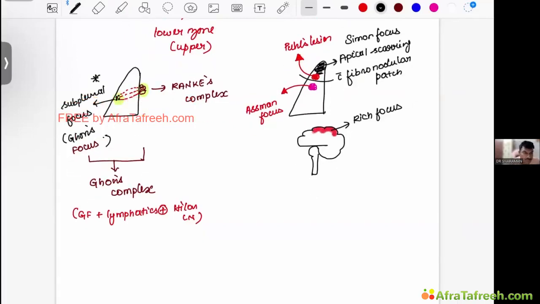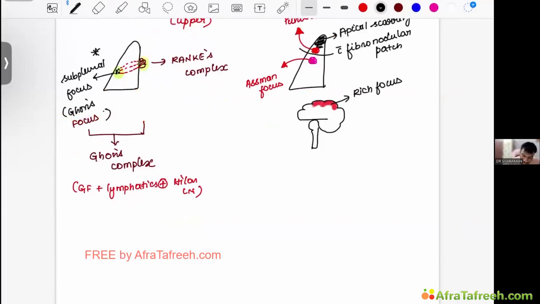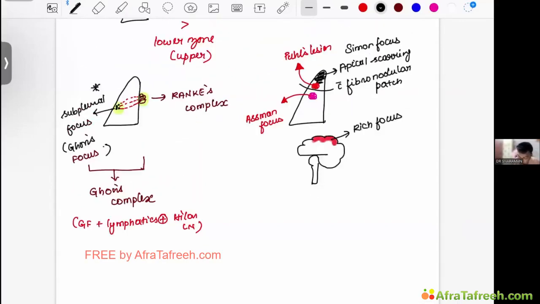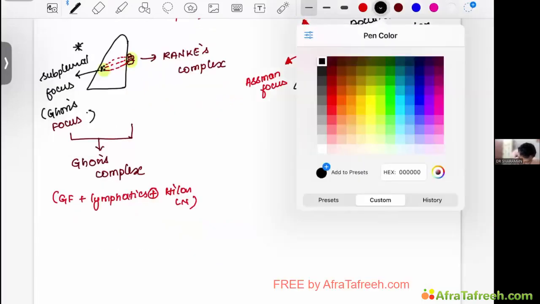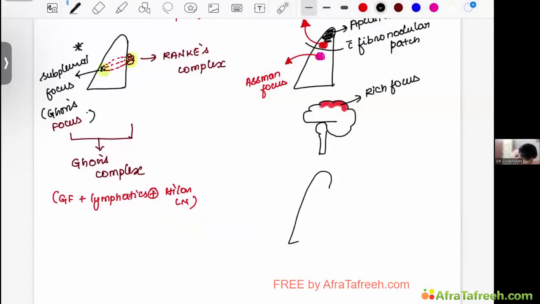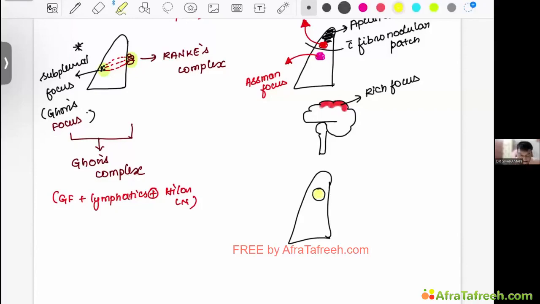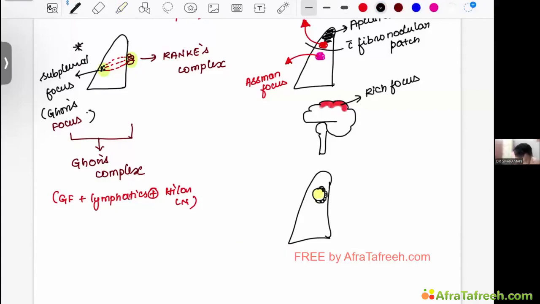One more thing you should always remember: in secondary tuberculosis, I will discuss the mechanism later, there will be caseous material, and this caseous material is surrounded by a granuloma.